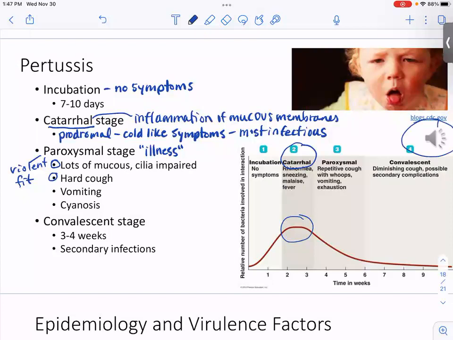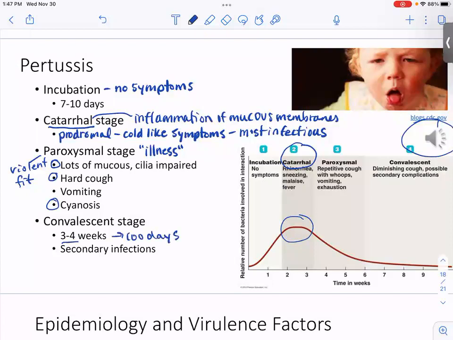It's heartbreaking. In young children, especially babies, that can lead to respiratory collapse and death. So again, most serious in young children, it can even cause cyanosis, kind of a bluish tinge to the skin. It's been called the 100-day cough. So maybe coughing 3 to 4 weeks, as many as 100 days.